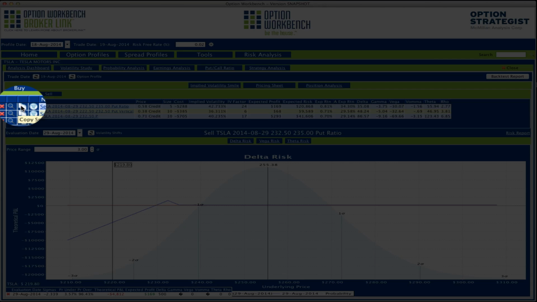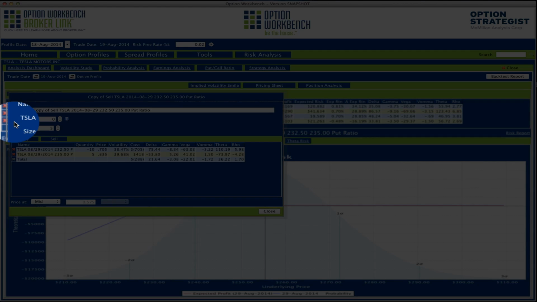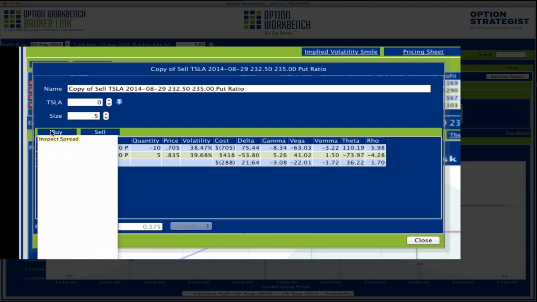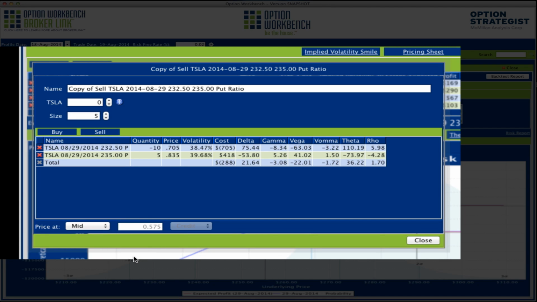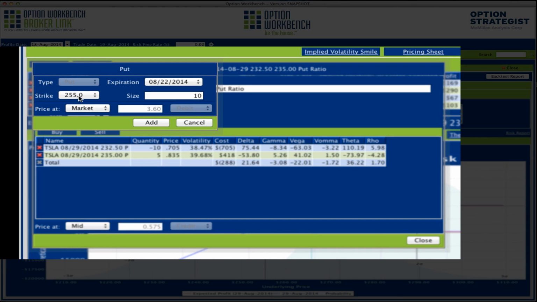But what I'll do is click the copy spread button to make a copy of the put ratio. So now I have another put ratio down here. I'm going to click the detail icon, so I can inspect the details and alter the position by buying the 220 put underneath it.